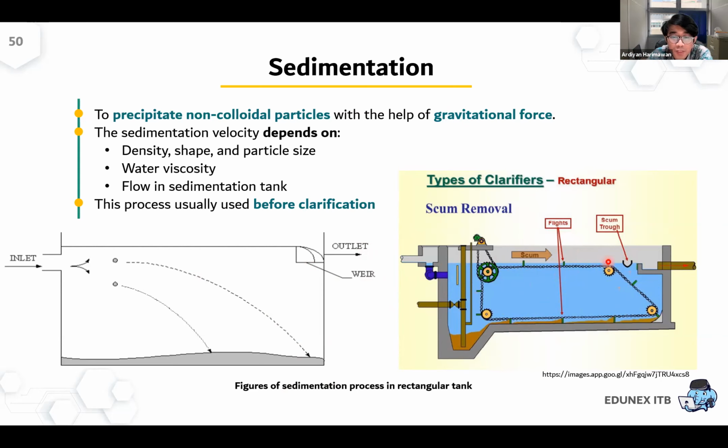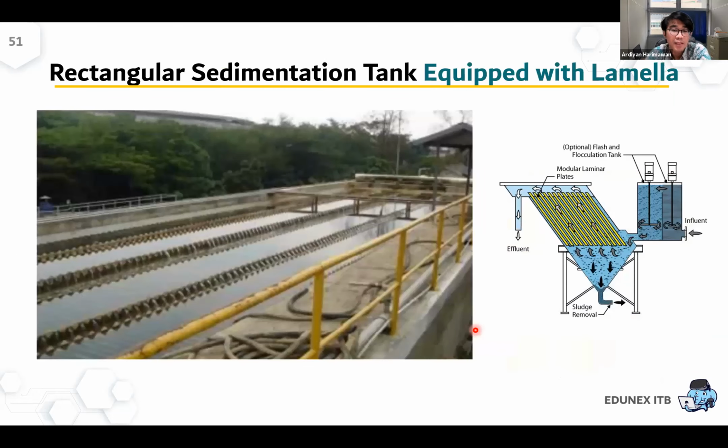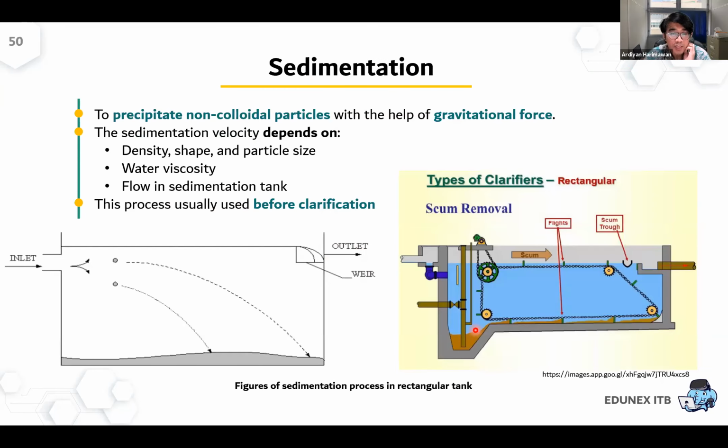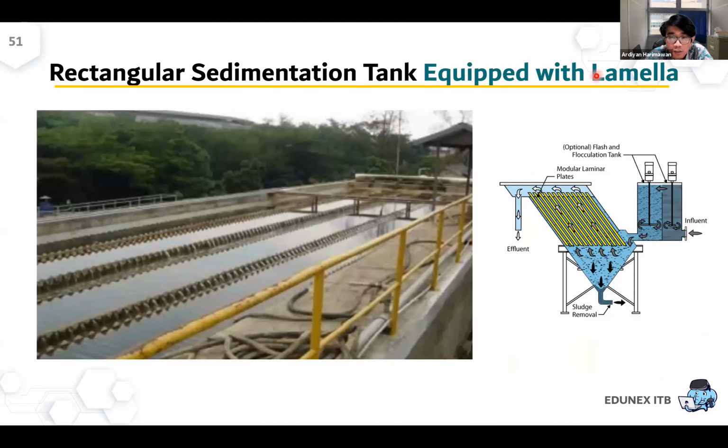Yeah. So while it's flowing, you can add some chemicals. While it's flowing, the suspended solid will agglomerate and then fall down and accumulate at the bottom of the tank. Yeah, this is the simple rectangular tank, or you can add what we call lamella. Lamella is like layers of plates here to help the clarification, to help the agglomeration of the particles.